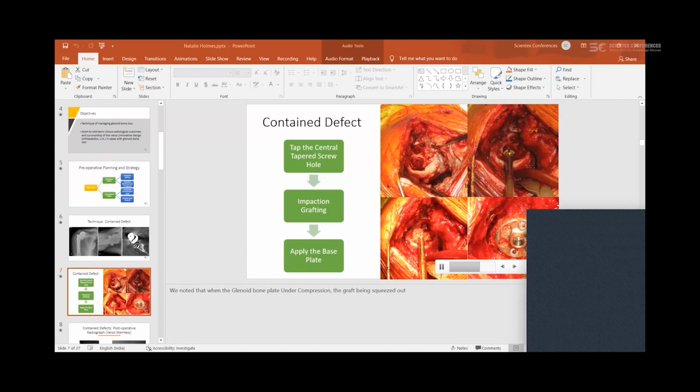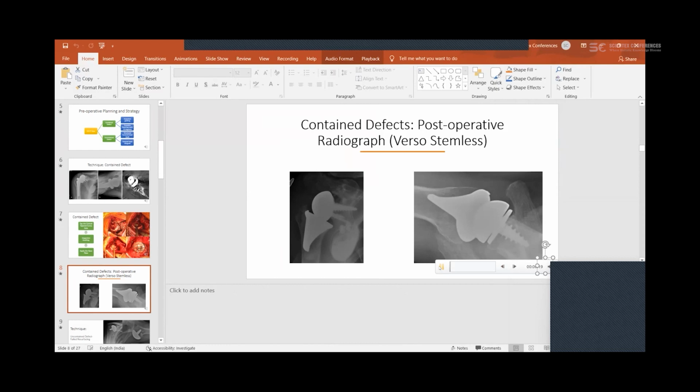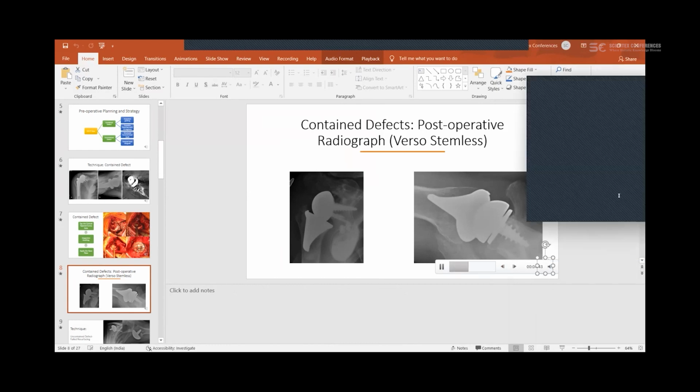What we did find is that the glenoid base plate, when it was under compression, some of the graft did squeeze out around the edges or around the holes. And these are the post-operative findings for contained defects using the reverse stemless prosthesis.